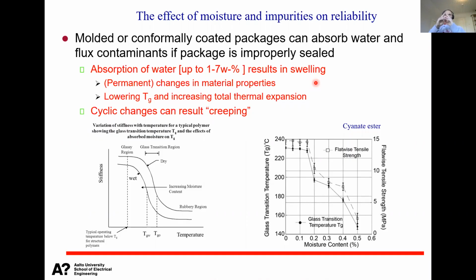So the water molecules can diffuse inside, and together with the water there can also be other elements like impurities, for example flux contaminants, so soldering flux, alcohols, even active components like chloride ions from the flux and so on.